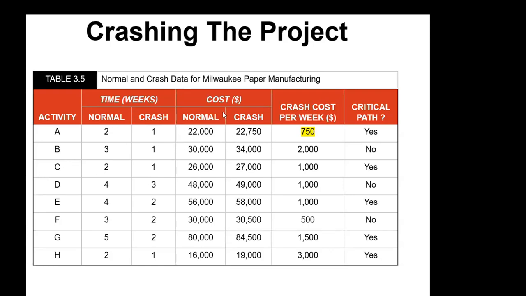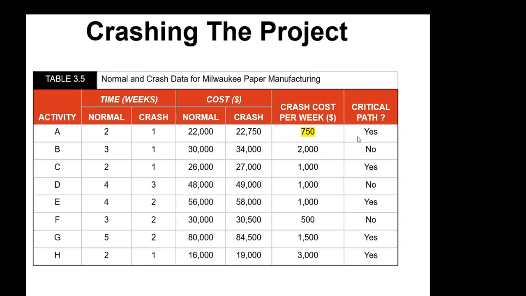And then what's the cost of crashing 1 week on A? It's from 22,000 up to 22,750. So for the crash cost, just subtract them. And the difference of the weeks is just 1 week, so divide by 1: $750 per week.